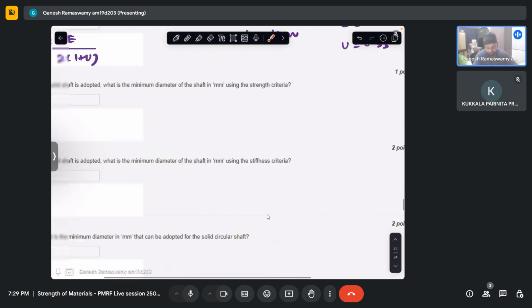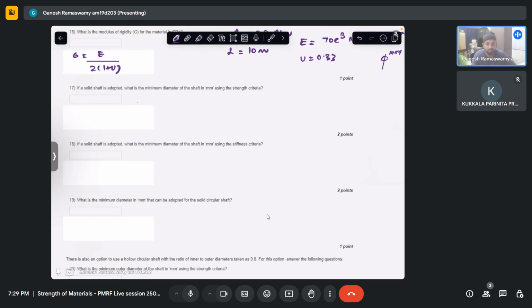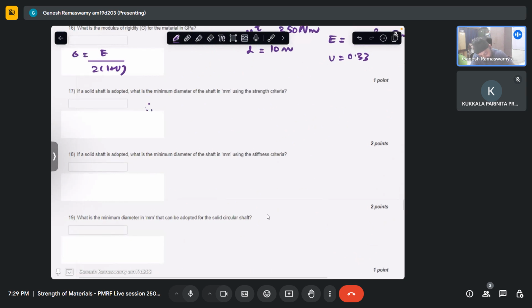So for strength criteria, what is my tau expression? For a solid shaft, it is 16 mt by pi d cubed. So therefore 16 mt by pi d cubed should be less than equal to 13 MPa, or in the limiting case we will equate these two.